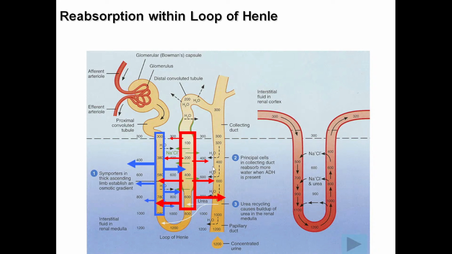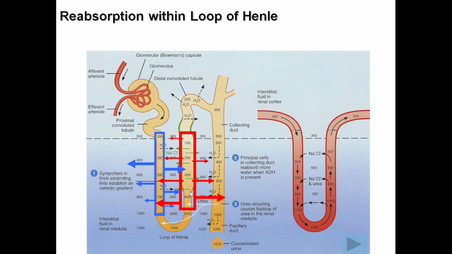And the ascending limb has very low water permeability, and salt reabsorption into the interstitium occurs by active transport in the thick ascending limb, and by diffusion in the salt-permeable thin ascending limb. At any given horizontal level, the osmolarity of fluid in the descending limb and interstitium can be around 200 milliosmol per liter greater than in the ascending limb.